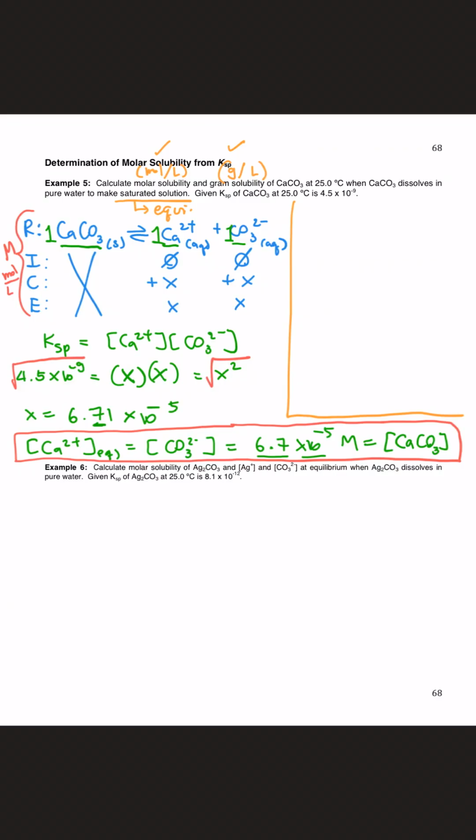Next, we will need to calculate grams per liter, or gram solubility. To do this, you will need to use the molar mass of calcium carbonate in order to convert from moles to grams and obtain the gram solubility.